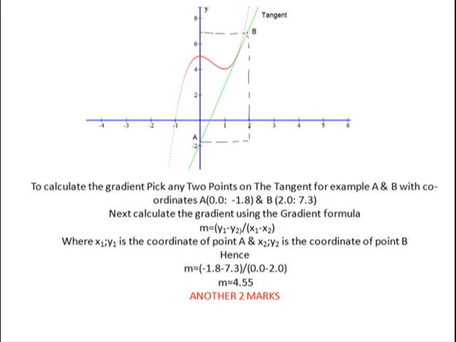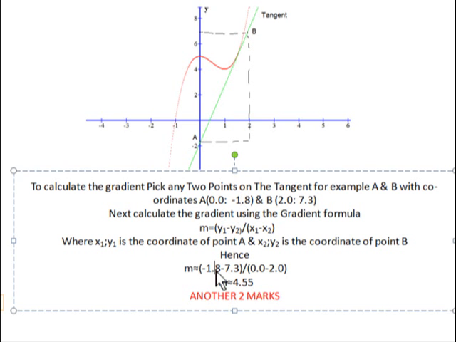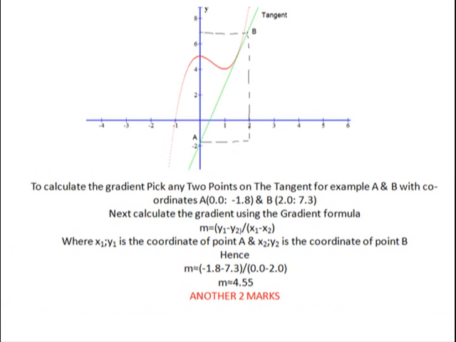So make sure you see that we substituted this value into there, that value into there, that value into there, that value into there. So that's how you calculate the gradient of the curve at the point x is equal to 1.5. And the description of how to draw the tangent is in my previous videos.